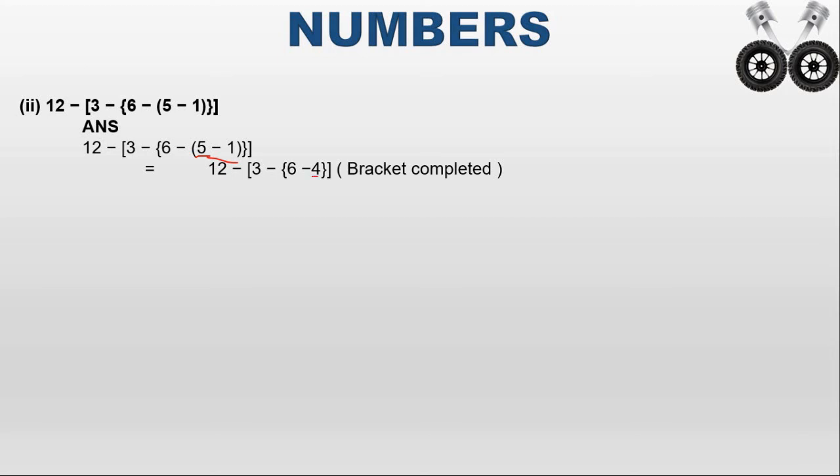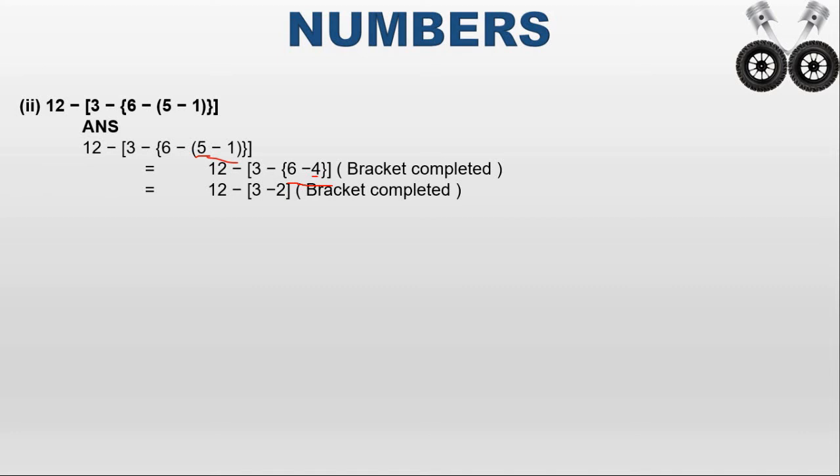Okay, so what is the next bracket we have to execute? That is the curly bracket. Inside the curly bracket, what is the operator? Minus. What are the operands? 6 and 4. So 6 minus 4 is 2. We write the remaining factors as they are. So 12 minus 3 minus 2.